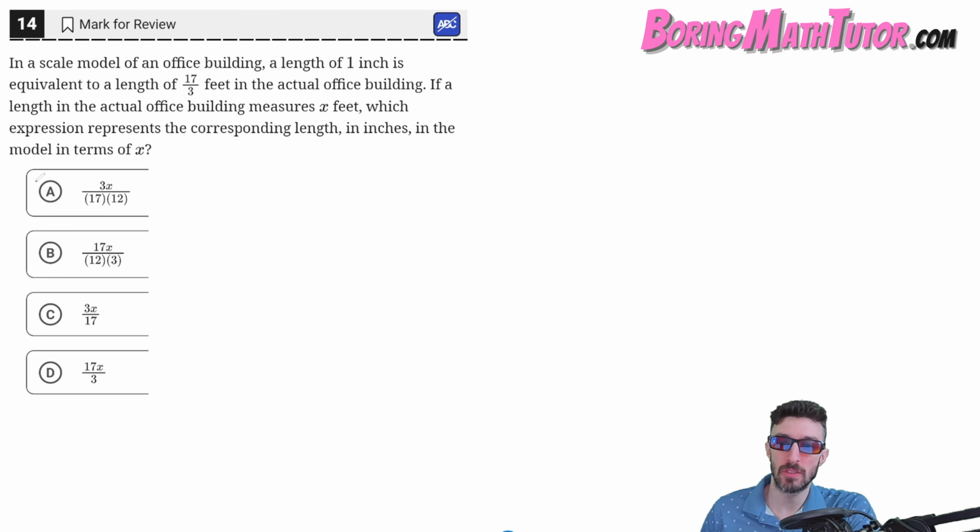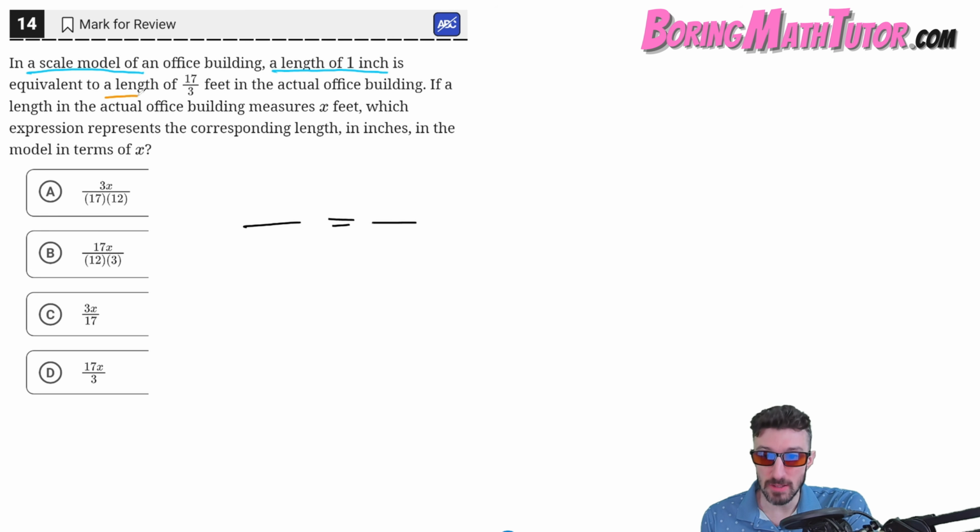We got ourselves a proportion problem. So we're going to have to try to make two fractions that are equal to one another. Here it says that we got a scale, which has a length of 1 inch, and that is equivalent to 17/3 feet in the actual building.